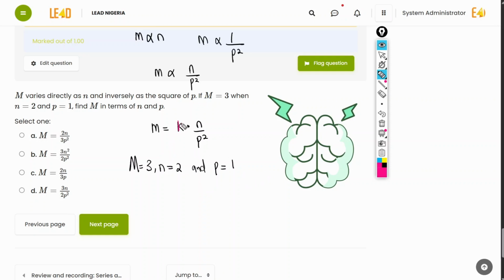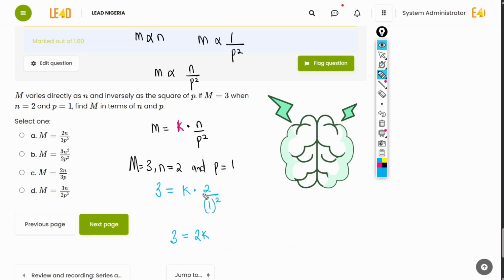So this will become 3 for m. 3 is equal to k times n over 1 squared. Oh, sorry, n is 2. Apologies. So let me put that in. That's 2, right? Good. So this will just be 3 is equal to 2k, because 1 squared is 1, 2 over 1 is 2, so just 2 times k.